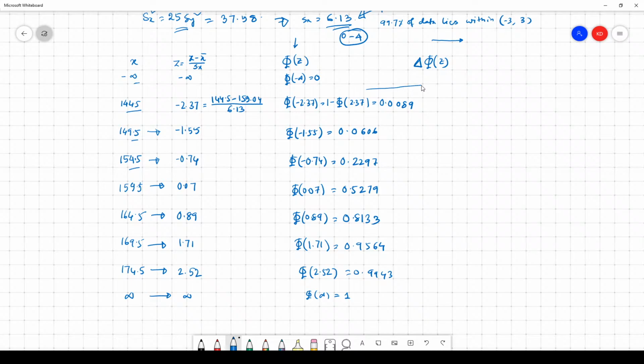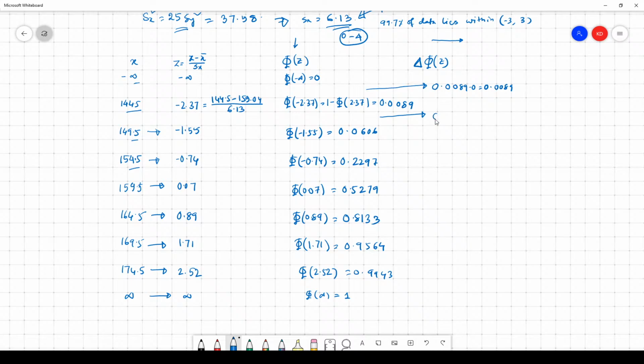So 0.0089 minus 0 is 0.0089. This means x is less than or equal to 144.5.